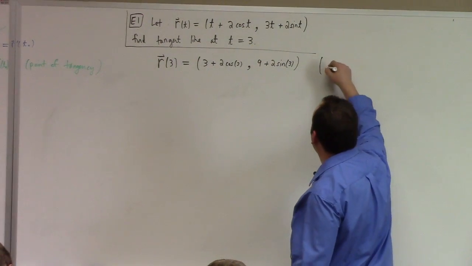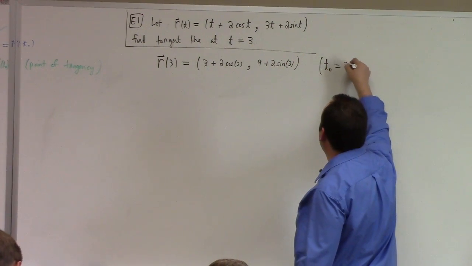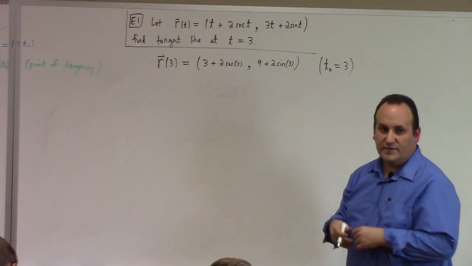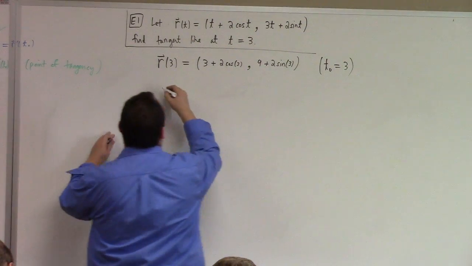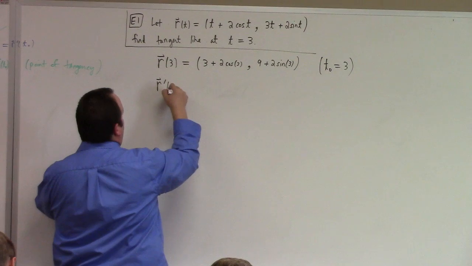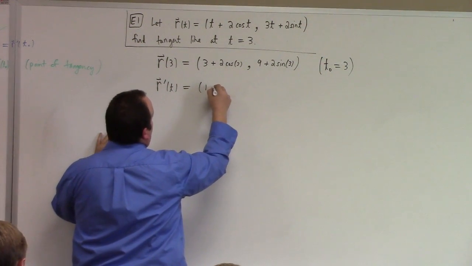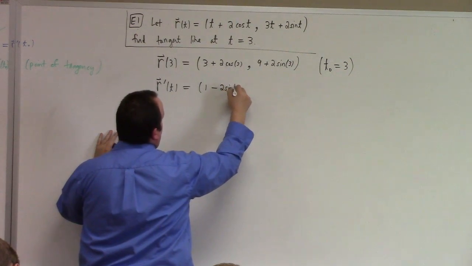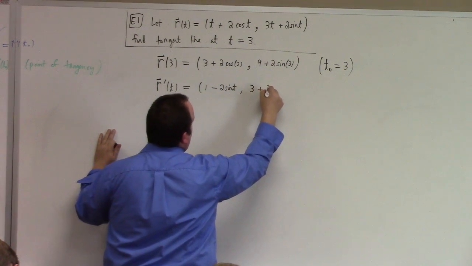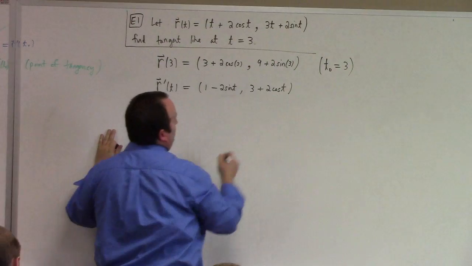Here, in my definition, t naught equals 3. What's r prime, the derivative, the velocity, if you will? r prime of t is 1 minus 2 sine t, 3 plus 2 cosine t.